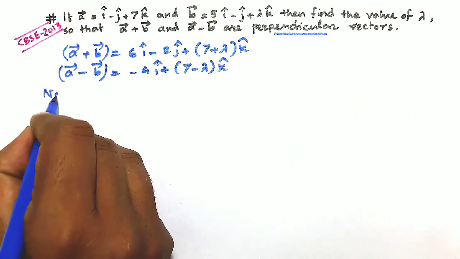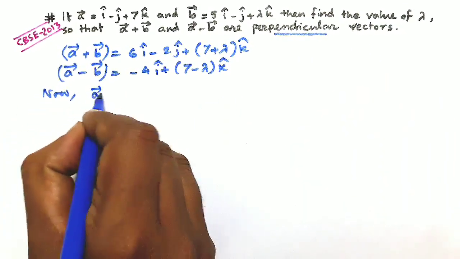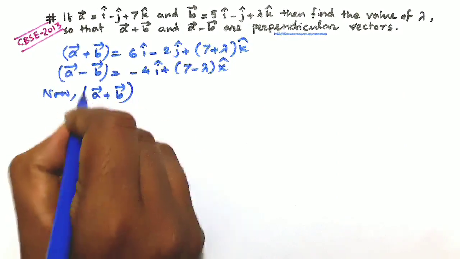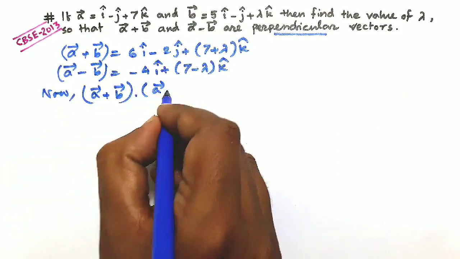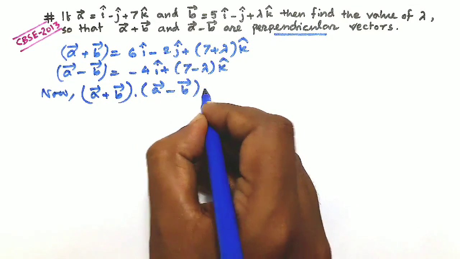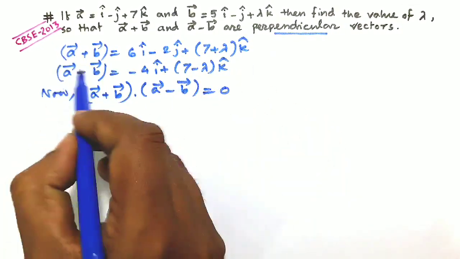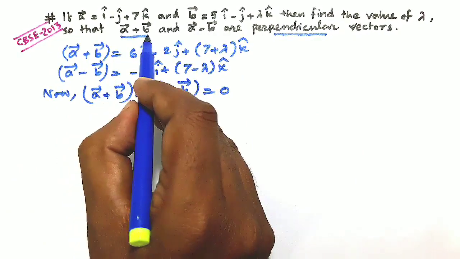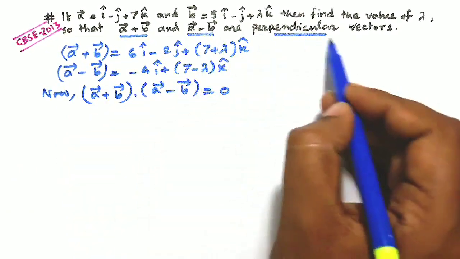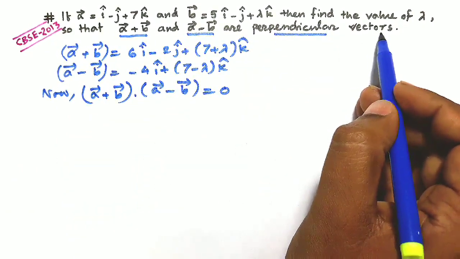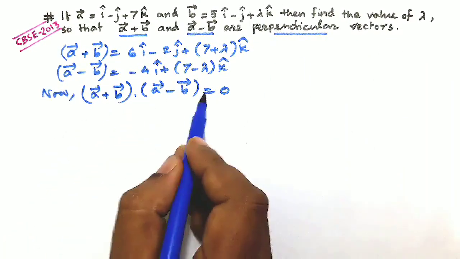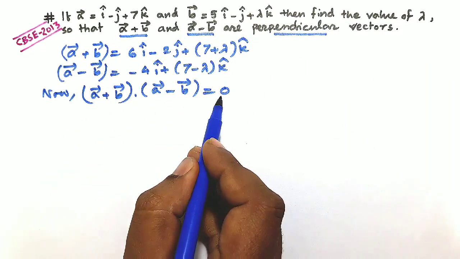Since a plus b vector and a minus b vector are perpendicular vectors, we can write (a vector plus b vector) dot (a vector minus b vector) is equal to 0. Again I repeat, since these two given vectors are perpendicular, obviously the dot product is 0.